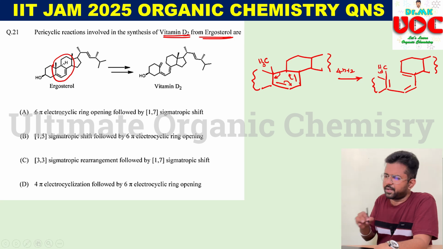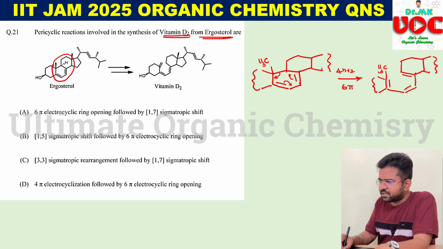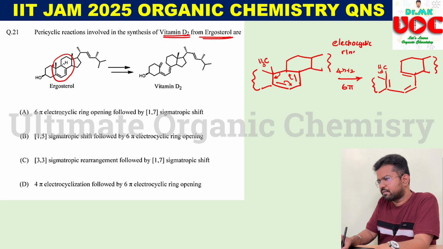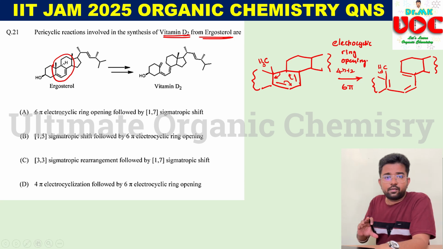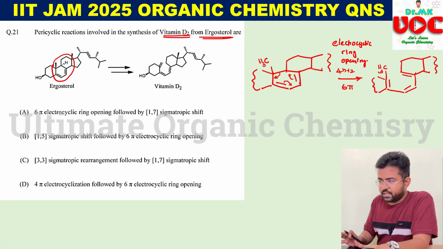There is a methyl group here. So here 6 pi electrons are involved, so this is an electrocyclic ring opening reaction. I'm not going to explain the conrotation, this rotation here.